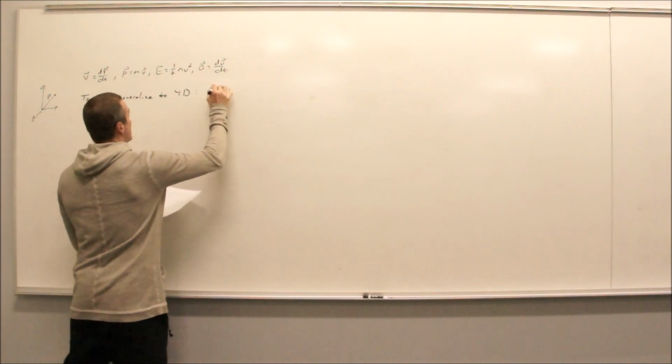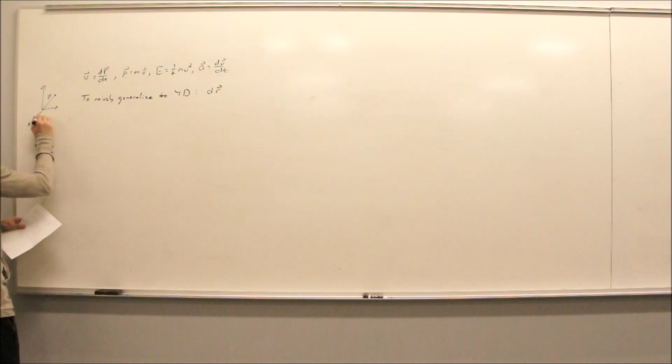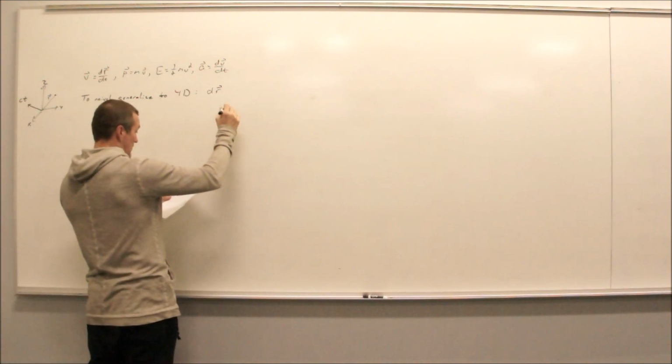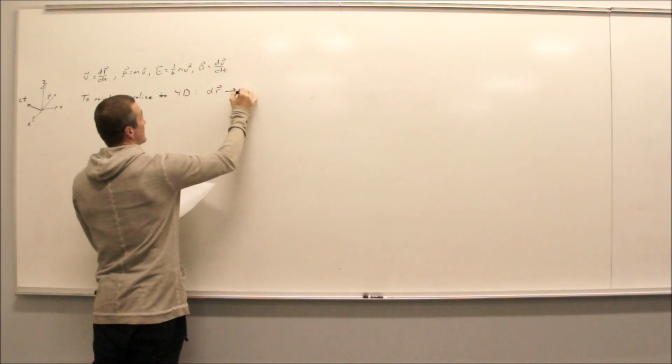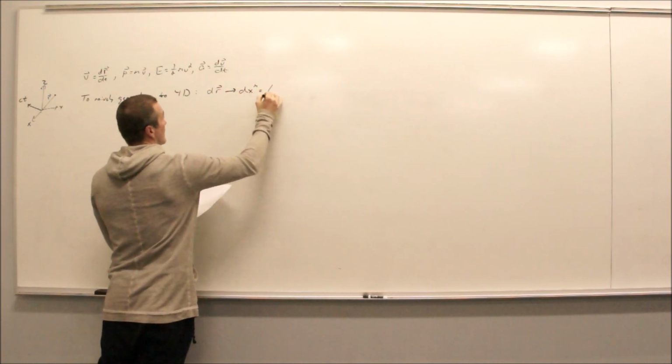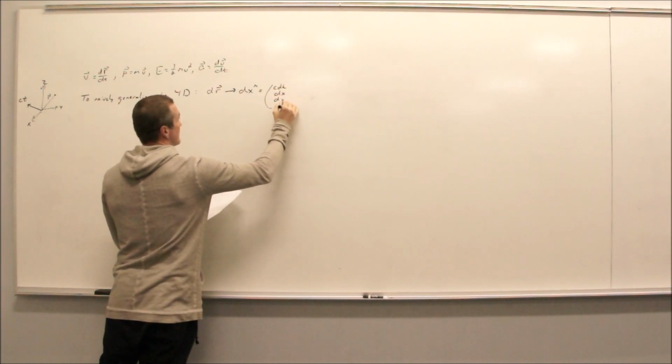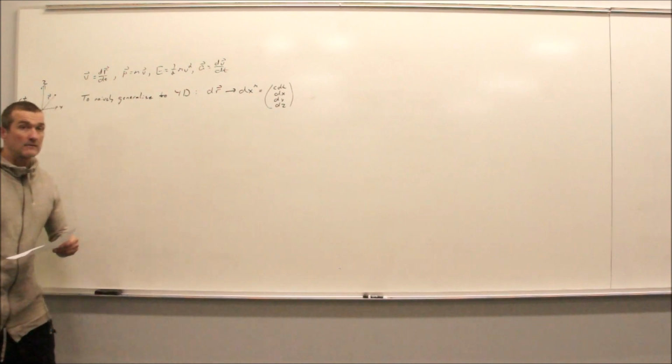First of all, dr, which is x, y, z, well, we could just say we live in 4 dimensions. So dr is going to become dx mu, which is c dt, dx, dy, dz. Okay?